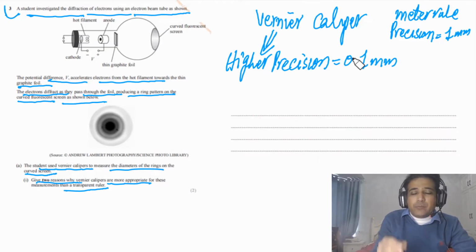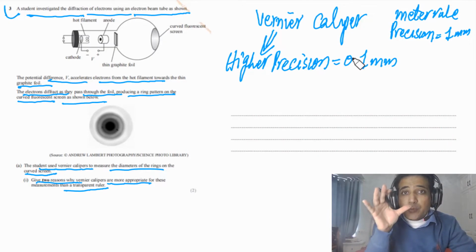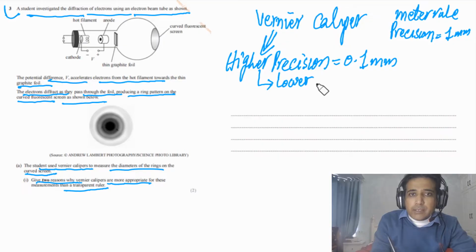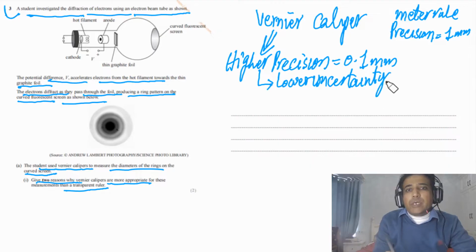So it means that vernier calipers are more precise. Higher precision means lower uncertainty. So we can say lower uncertainty.